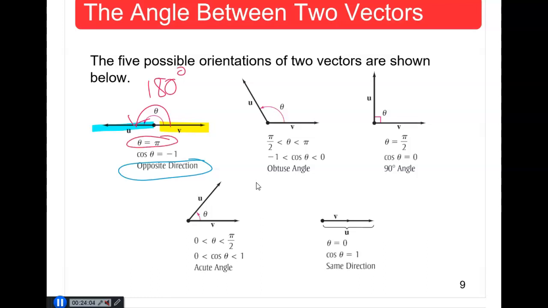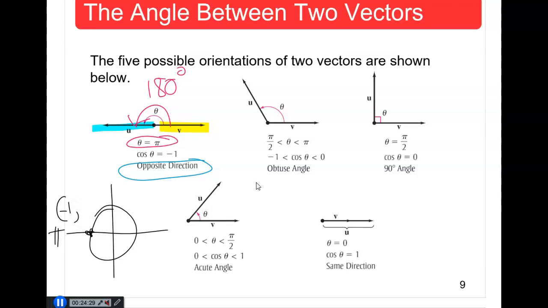or equivalent to pi. So if you think about that, the cosine of pi with respect to that unit circle that we should all know, the coordinates of that unit circle will be -1, 0.